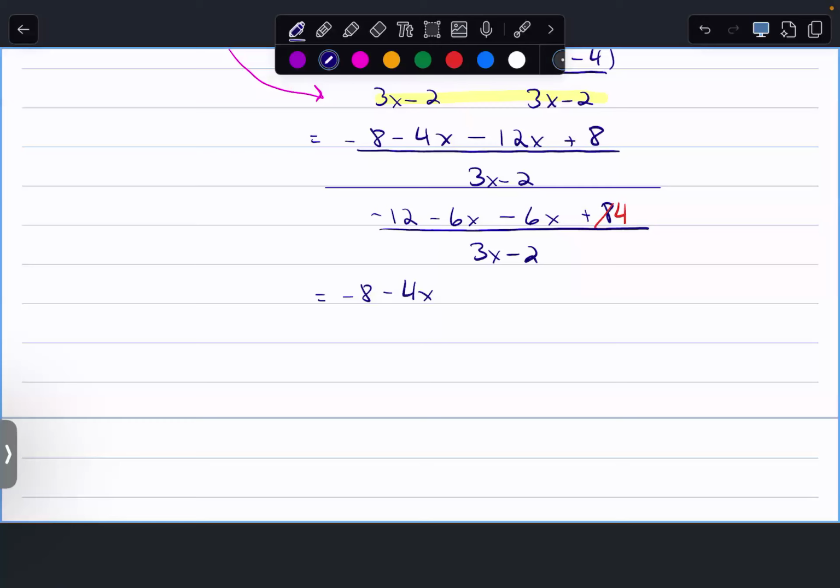Maybe we'll consolidate. Should we consolidate now? -8 plus 8 is going to go away, right? Okay, let's do it.